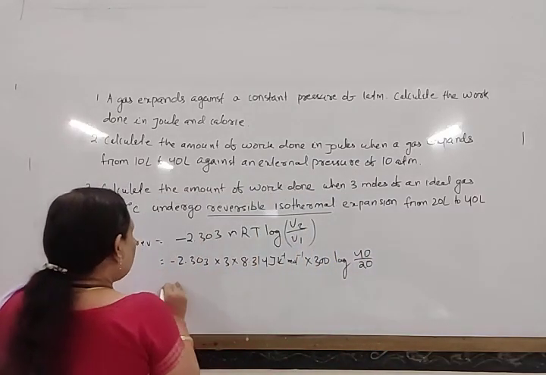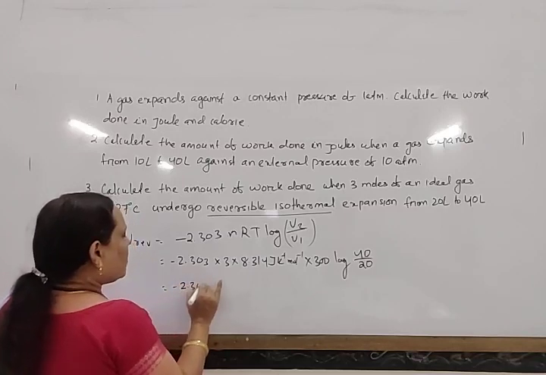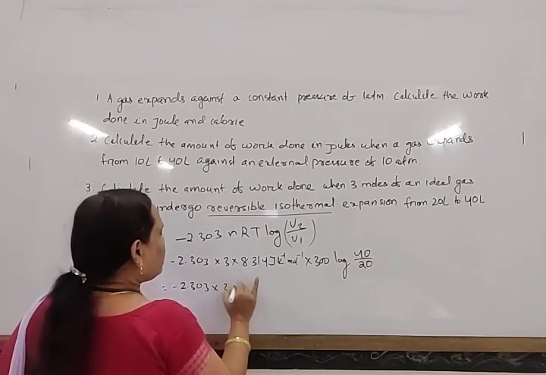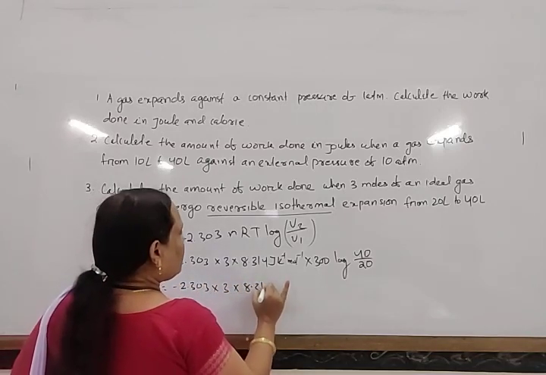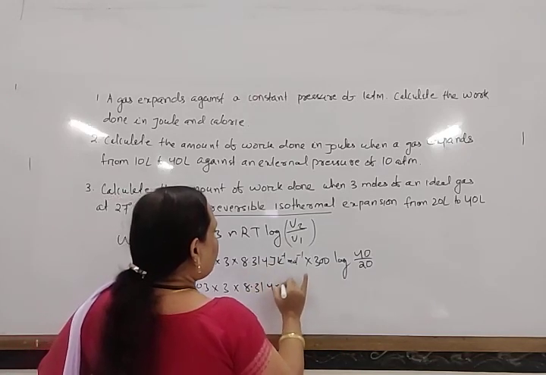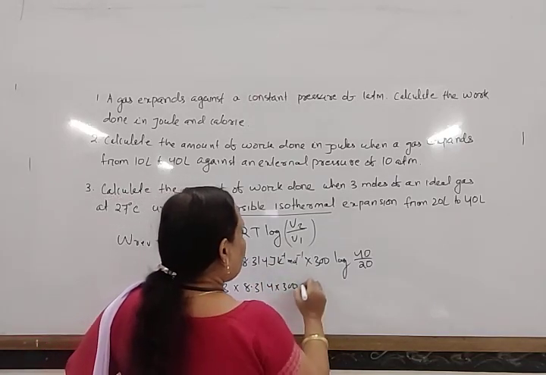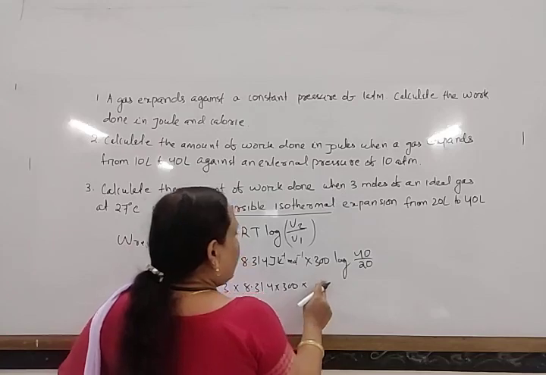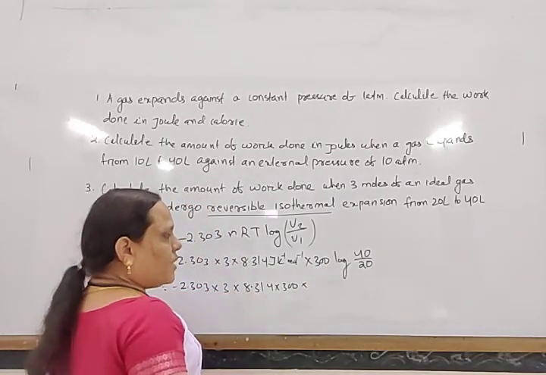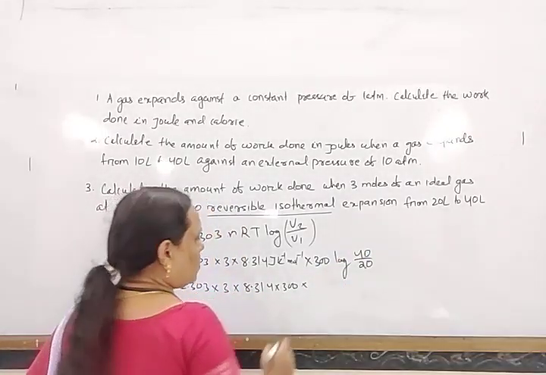So minus 2.303 into 3 into 8.314 into 300 into log 40 by 20, log 2.